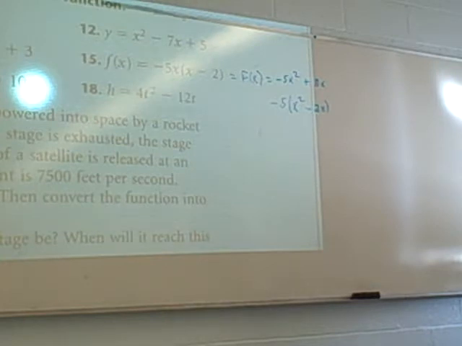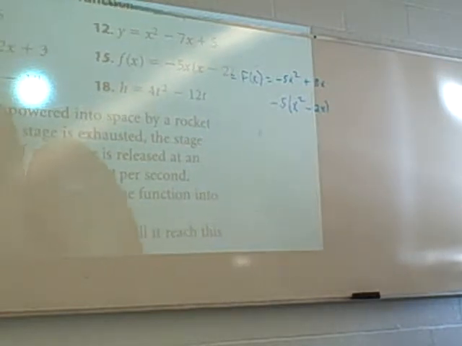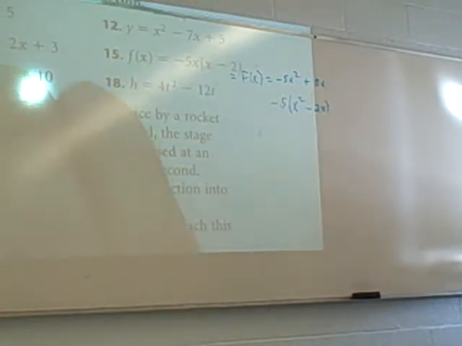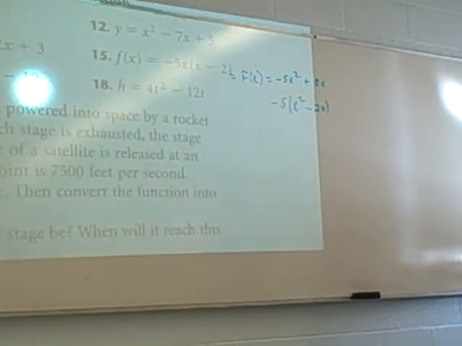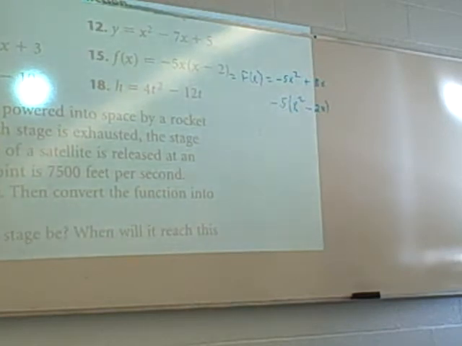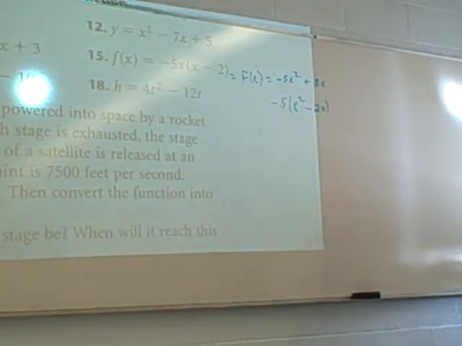Wait, I do. On number 14, the 0.4, the preceding one, confused me because normally when there's a preceding numerical coefficient, there's a GCF, but I couldn't find the GCF. Okay, that's a good question. I think I had pointed that out briefly when we talked about the problem yesterday.